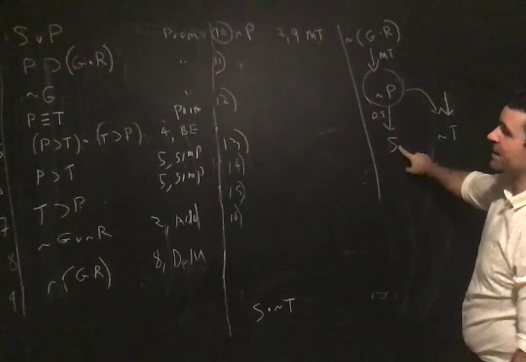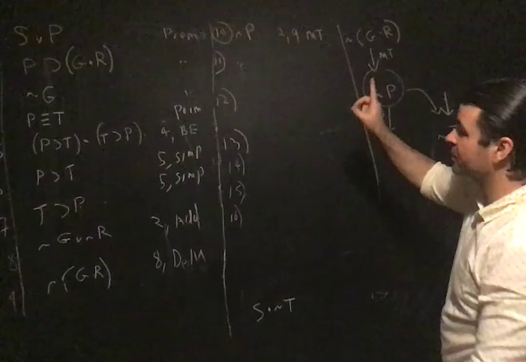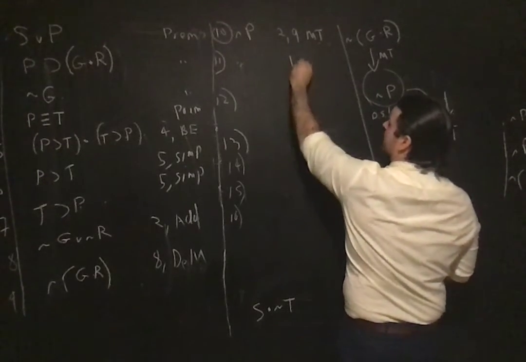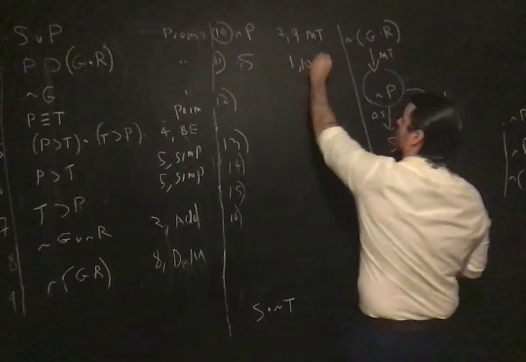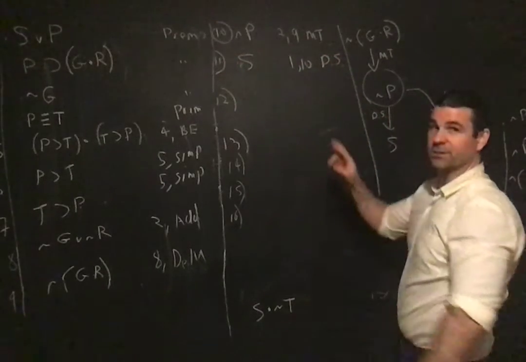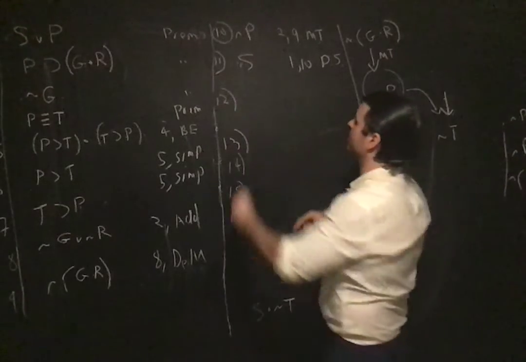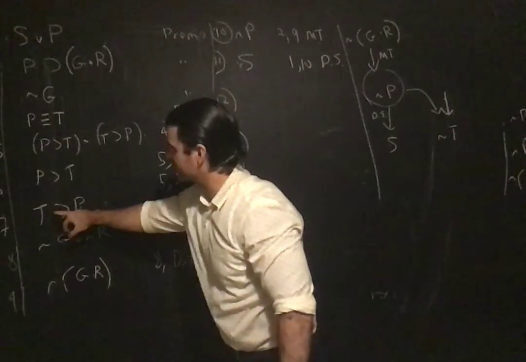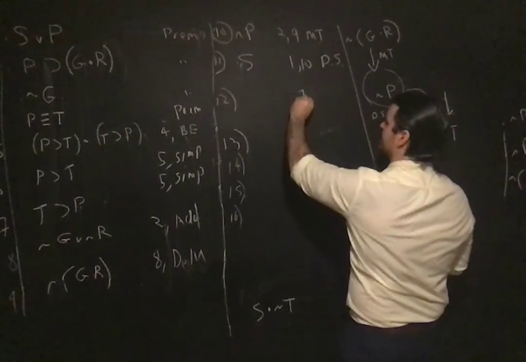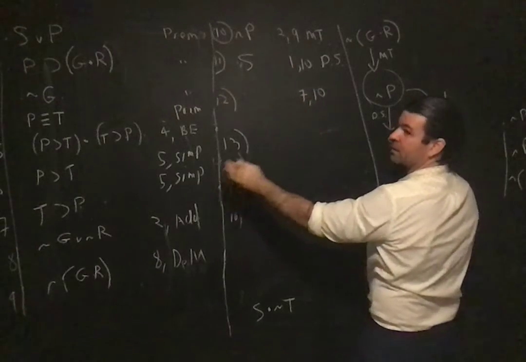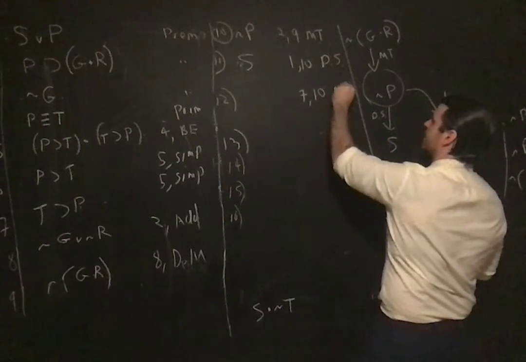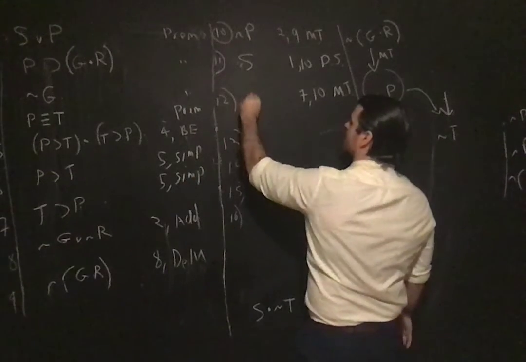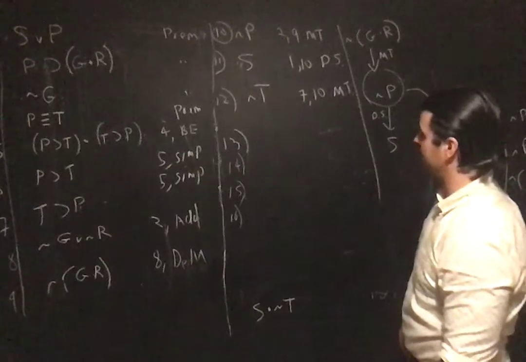Okay, so I get S on 1, and 1 and 10 give me S by disjunctive syllogism. I'm using disjunctive syllogism on 1 to get my S. Now I've got not P, and I use not P again with 7. 7 and 10, that's a modus tollens again. 7, not P, and T hook P gives me not T, and those are the two conjuncts I needed.